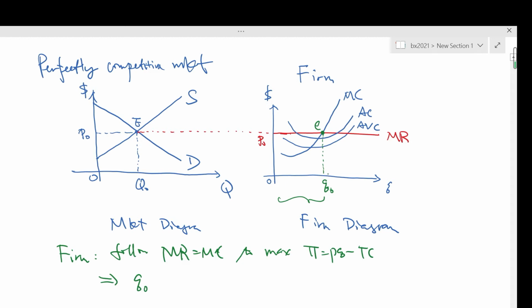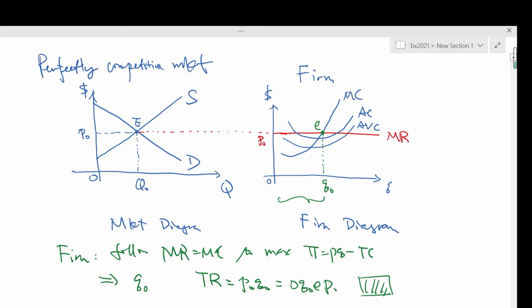Given that I produce Q0 units of output, the total revenue we can read from the diagram, which is the area. Each unit of output, I'm going to sell at a P0 price. Altogether, there are Q0 units. So it's P0 times Q0, or it's just the rectangle Q0 E P0. It's this rectangle area.